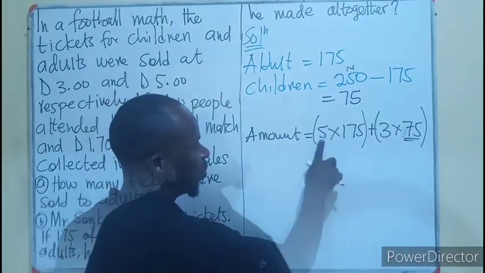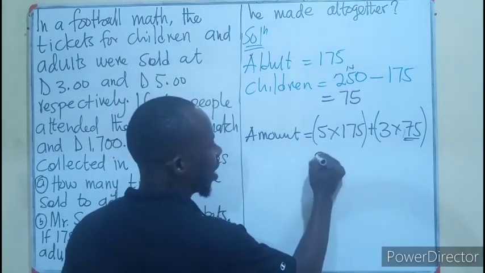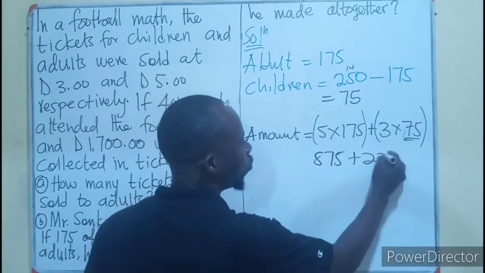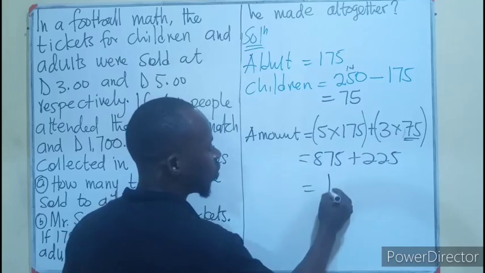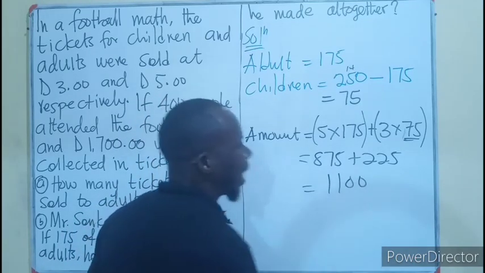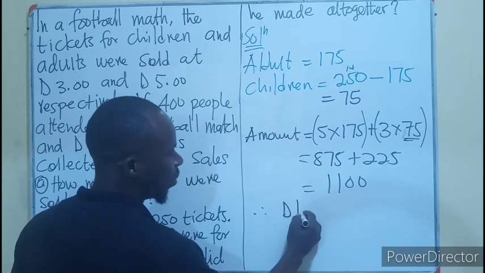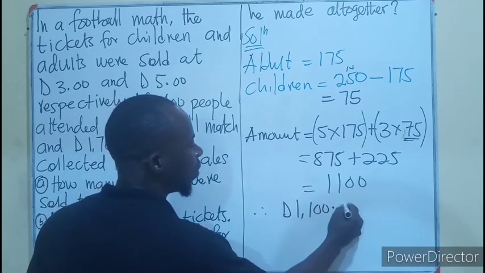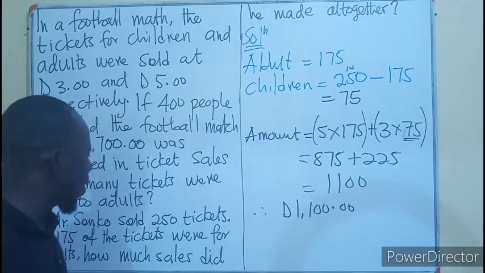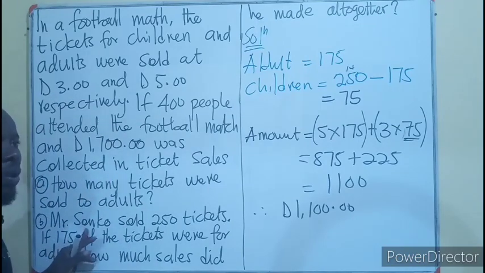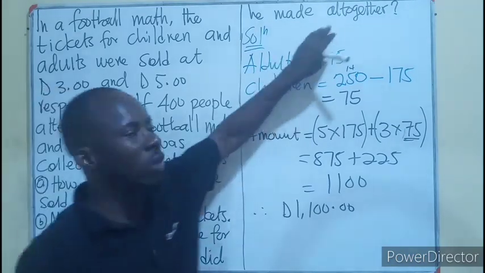We have 875 plus 225, which will give us 1,100. So 1,100 will be the total amount that Mr. Sonko is going to get altogether.